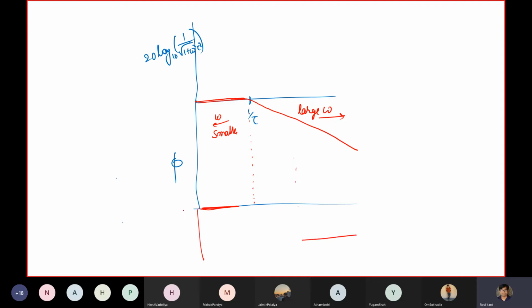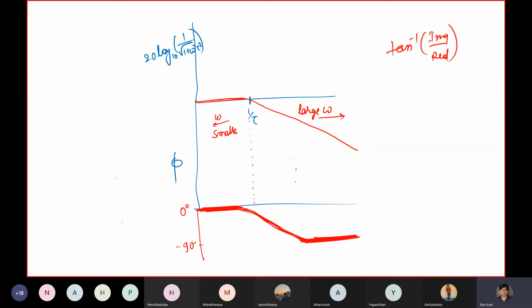So this is 0 degree, this is -90 degree. For smaller omegas it will have 0 degree lag, and for larger omega it will have -90. If you do tan inverse of imaginary by real properly, you will see, and in between you will have some sort of slope approximation. Okay, this is how it will look.